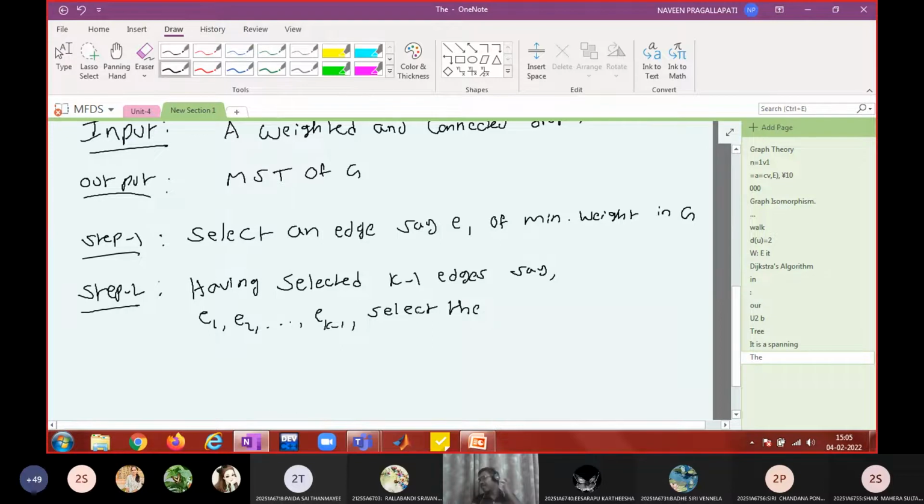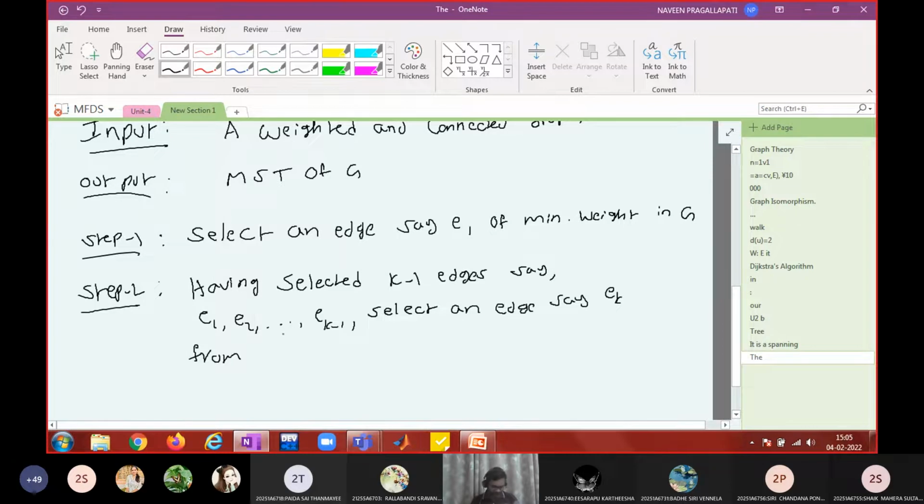Most of these algorithms are of the mathematical induction type. That's why we initialize with one stage, then take this to the kth step, and then go to the k plus 1th step. So select an edge Ek from the remaining edges.